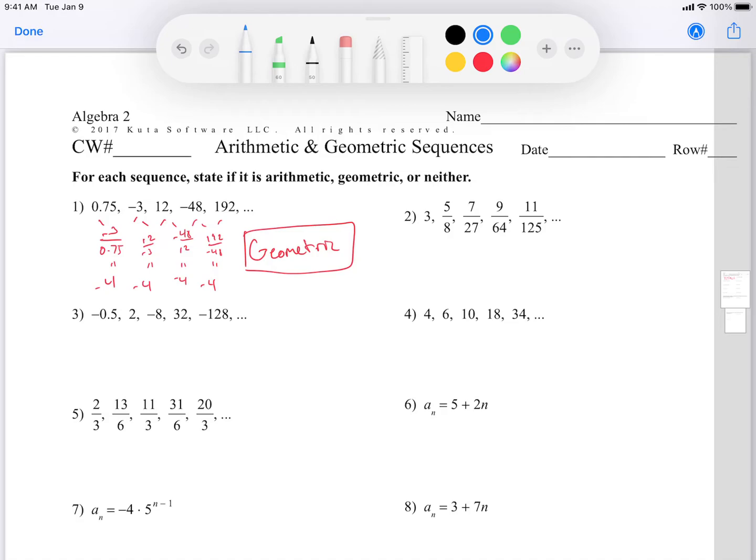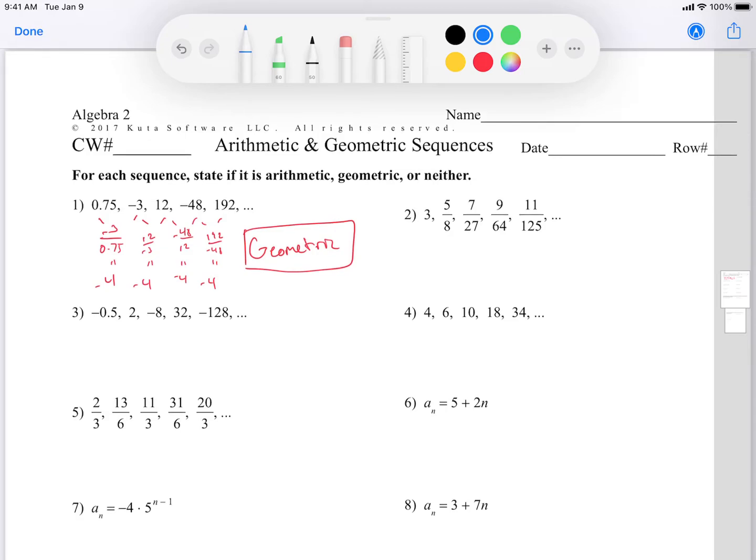Well, it doesn't really look arithmetic, because from 3 to 5 over 8, I'm actually subtracting a big number. Look at the differences between each of these: 5 over 8, 9 over 64, 11 over 125. It doesn't really seem like it has an arithmetic pattern.